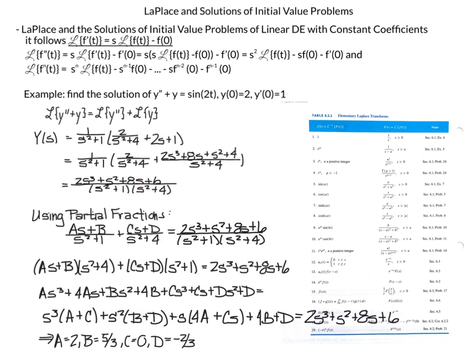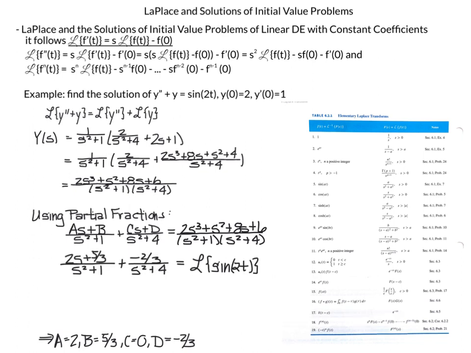You can follow this algebra, and you'll see that a is equal to 2, b is equal to 5/3, c is equal to 0, and d is equal to negative 2/3. So I've plugged in 2 for a, 5/3 for b, 0 for c, and minus 2/3 for d, and again it's equal to this equation over here, which is L of sine of 2t.